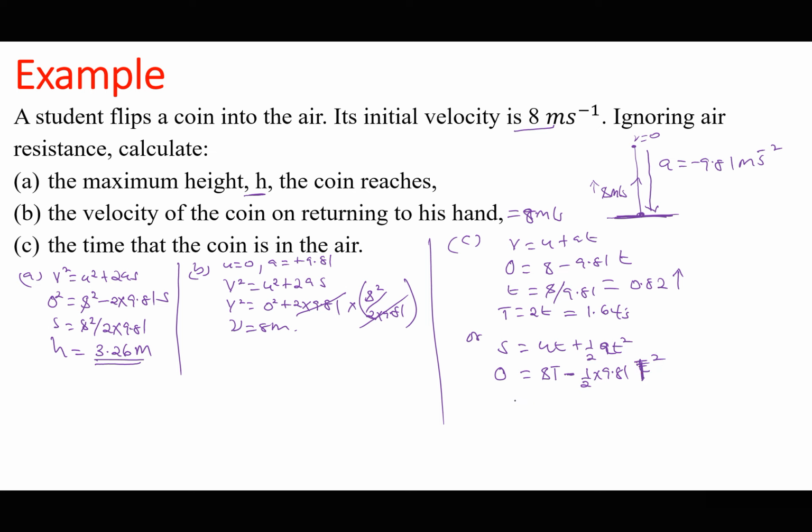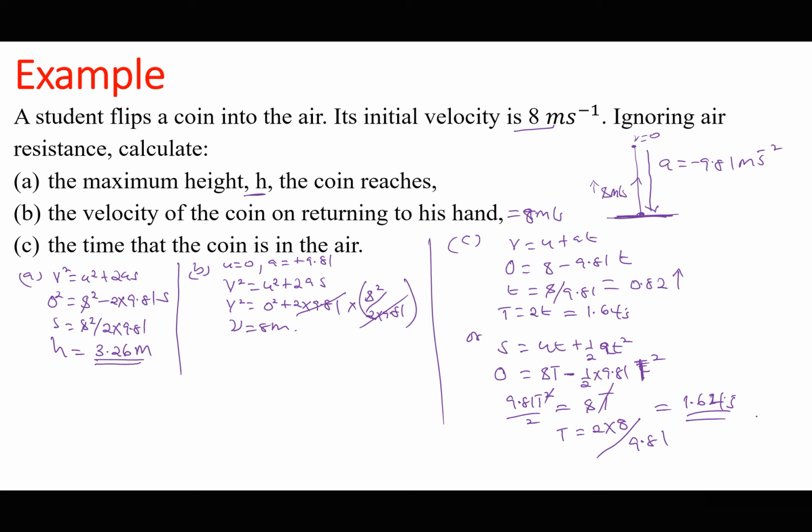So collecting like terms, we have 9.81 T squared divided by 2 is equal to 8 times T. So this T cancels, and you notice that T is going to be 2 times 8 divided by 9.81. I'm very certain that this is going to be 1.64 seconds. Okay.